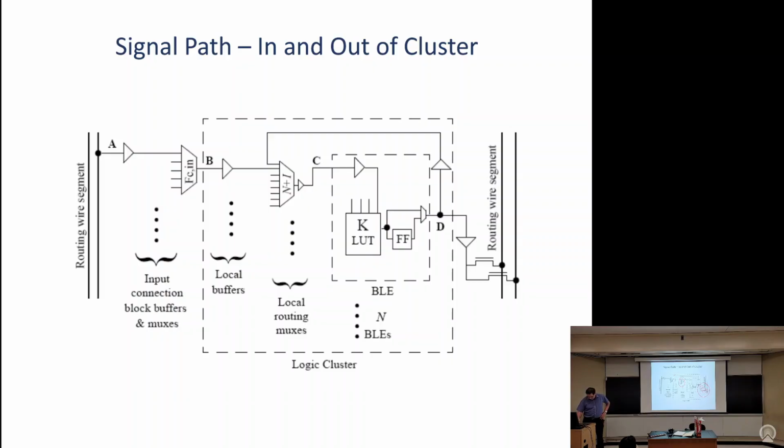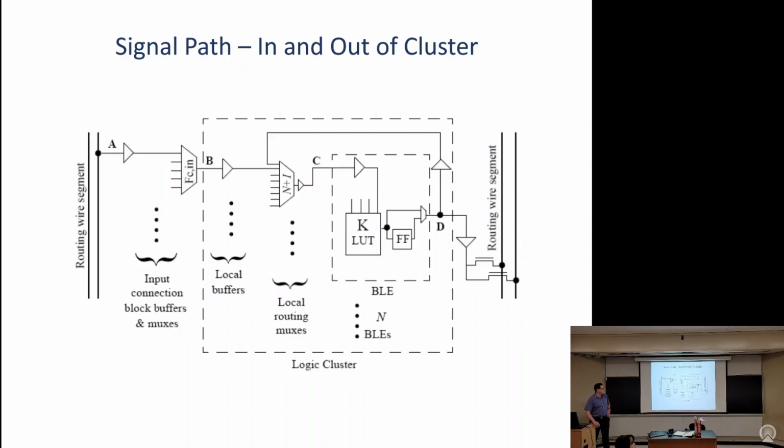And on the other side, from the routing wires, I have a MUX, just like the one we drew the other day, to select which routing wire feeds into every one of these I inputs for the cluster. So they have delays that they have to get for all of these things as N, I and K vary. They have a whole bunch of spicing to do and a bunch of calculations of areas.